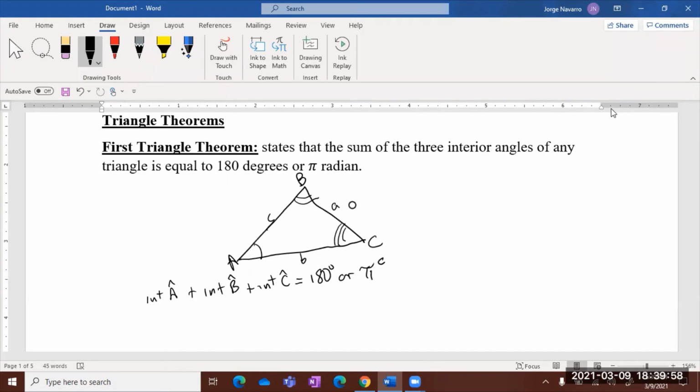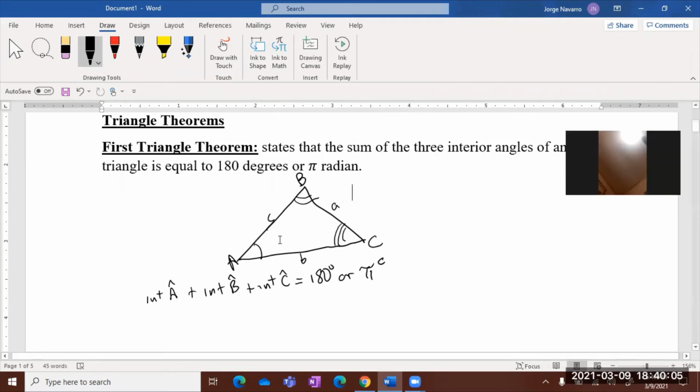Meaning, guys, that if one angle here, let's say angle A is 30 and angle B is 50, then angle C must be whatever value will make it add up to 180.